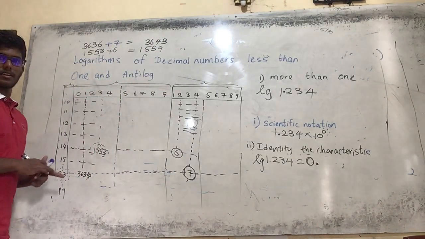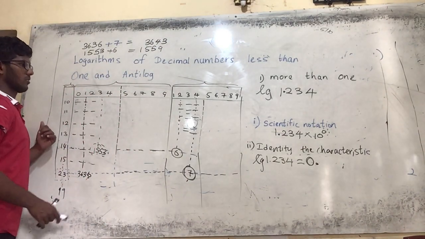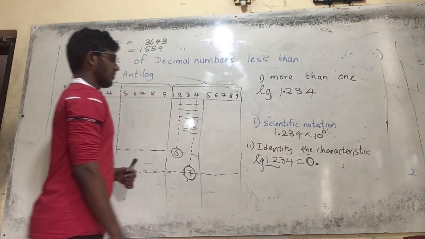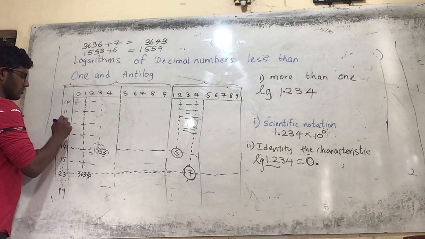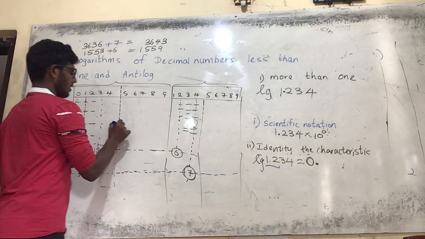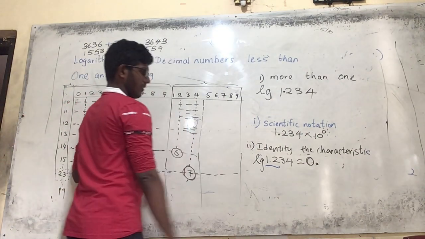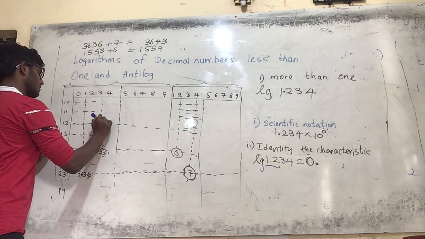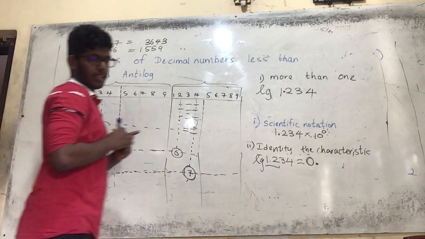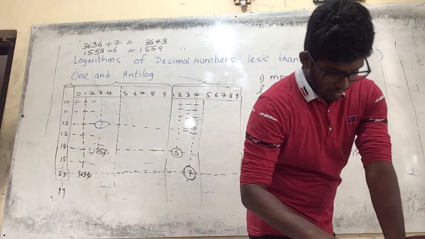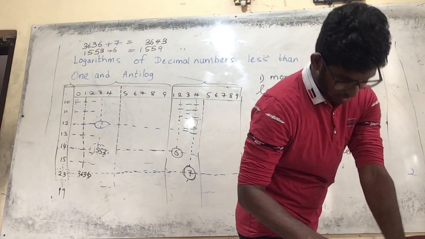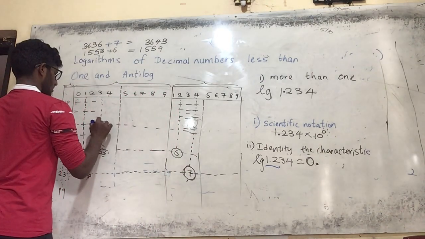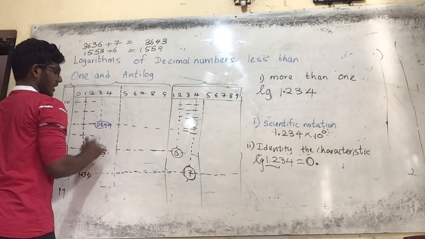Then what do you do? First column, 12. First row, sorry, 12. I have that row. Then 3. You go find 3. 12, 3. 0, 8, 9, 9.